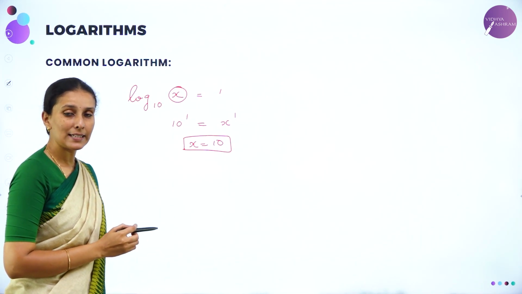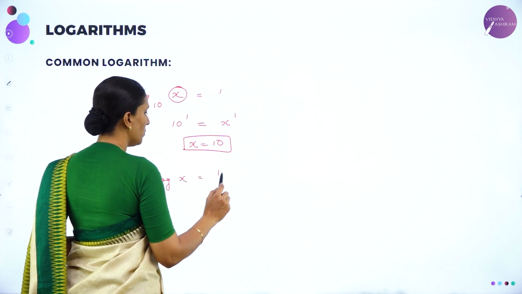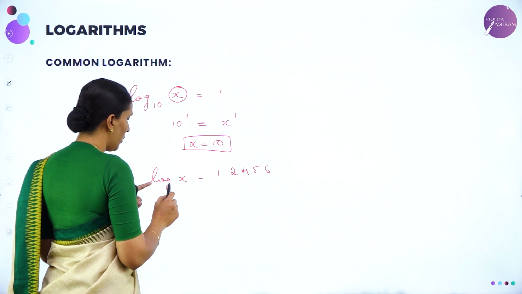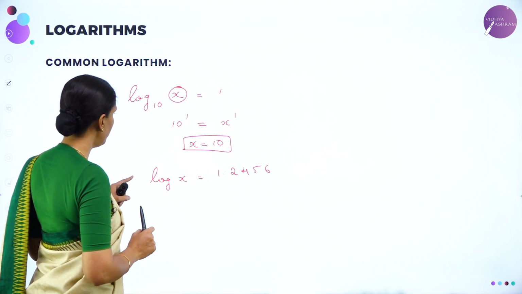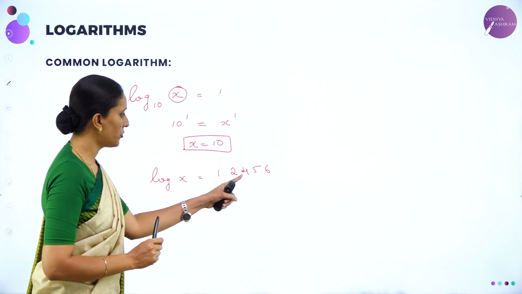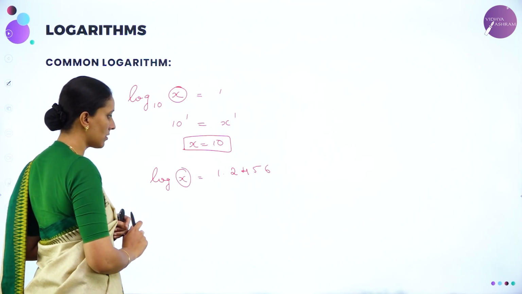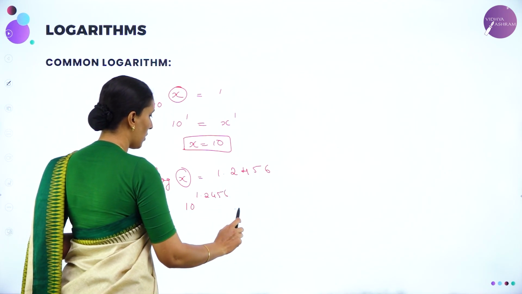Now suppose, consider a number log x is equal to 1.2456. So obviously without any base, it is already considered under base 10. Now log x is equal to 1.2456 here. So we need to find out the value of x. So that means 10 to the power 1.2456 is equal to x.